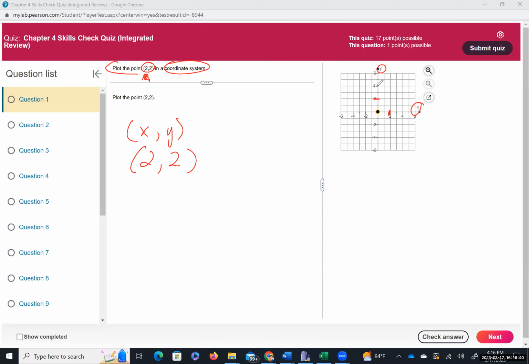You can draw a horizontal line and a vertical line, and they will meet each other at one point, and that's what I call (2, 2). So we're going to plot that point here.